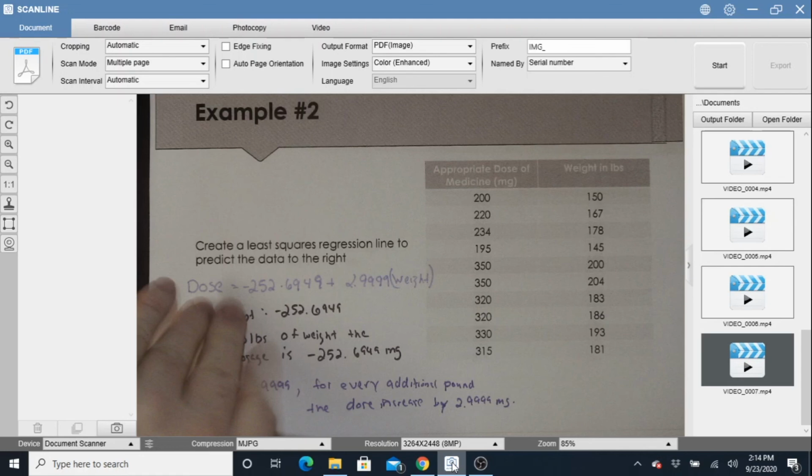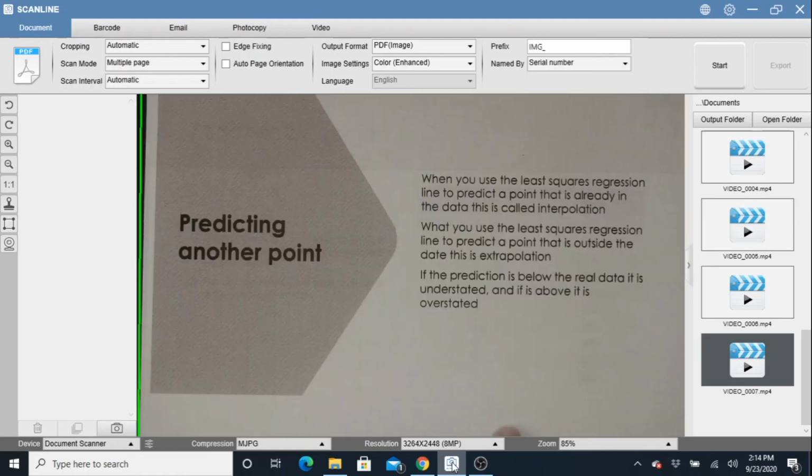Predicting another point. When you use the least squares regression line to predict a point that is already in the data, this is called interpolation. Inside the data, inside what's already there, interpolation. When you use the least squares regression line to predict a point that is outside the data, this is called extrapolation. So outside, extrapolation.